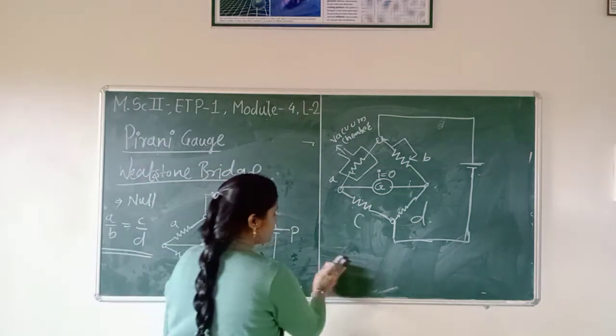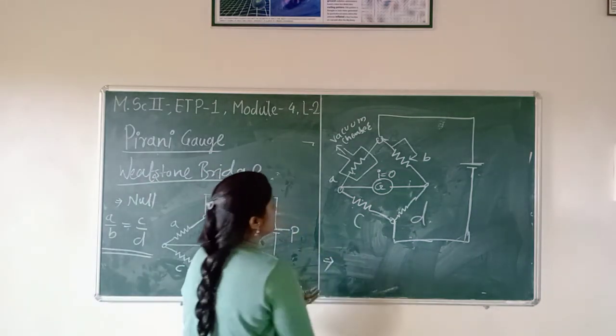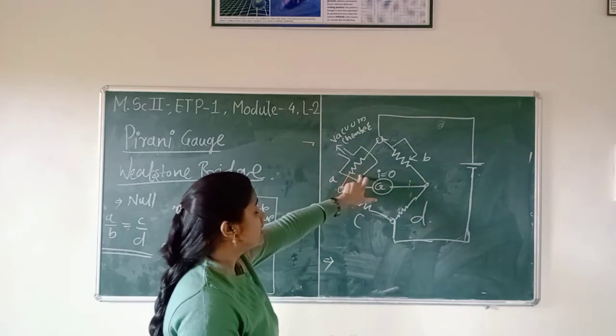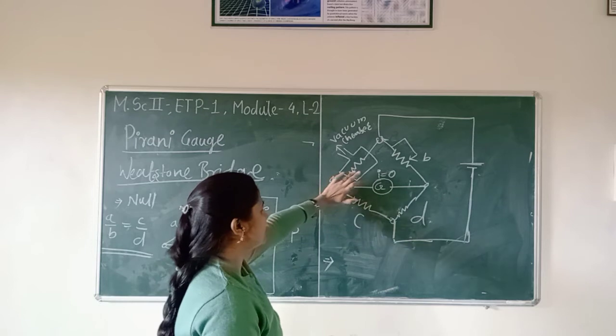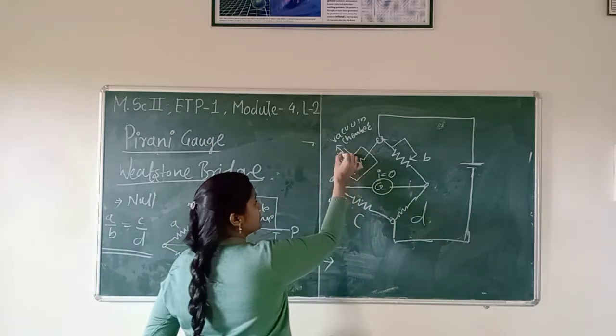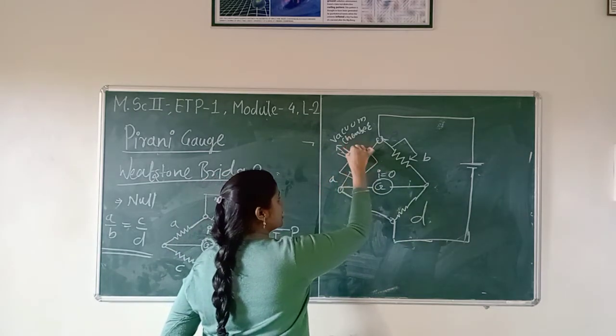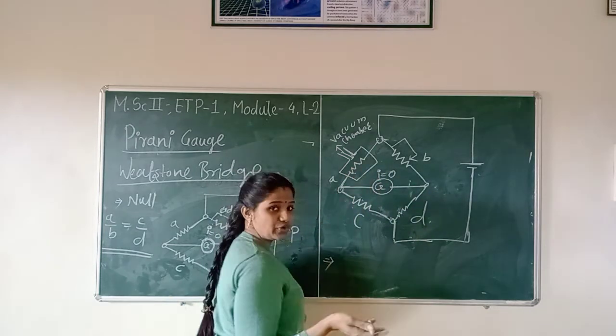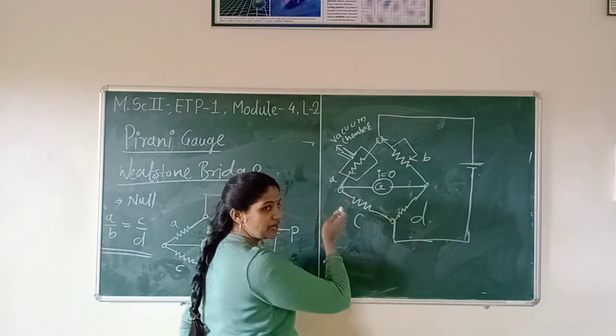Now what is actually happening when the vacuum chamber is connected to this wire? Due to the power supply this resistance is going to heat, and it dissipates the heat around it.